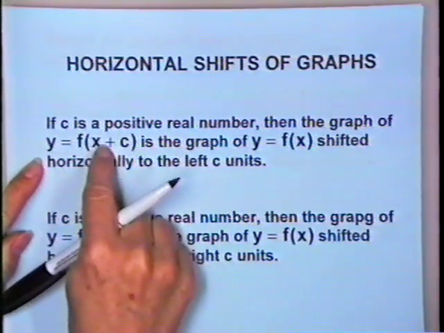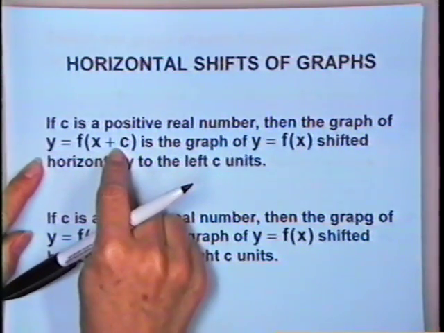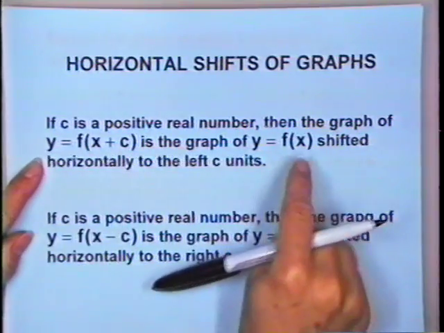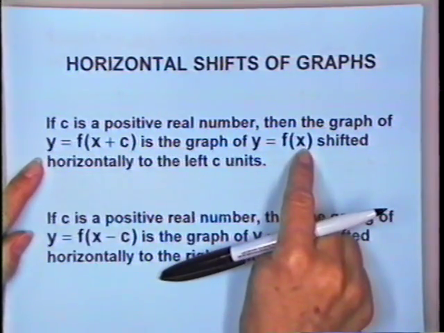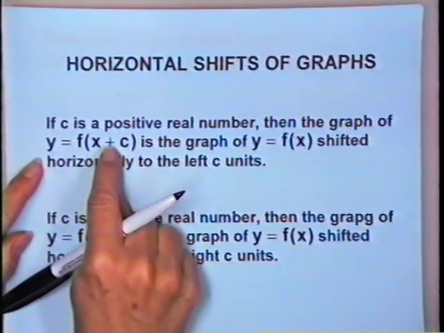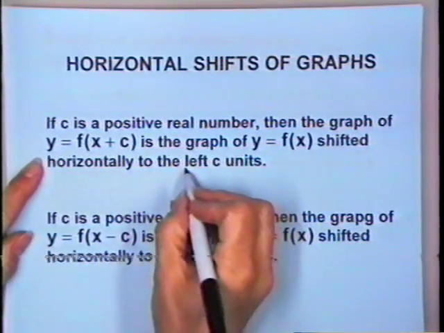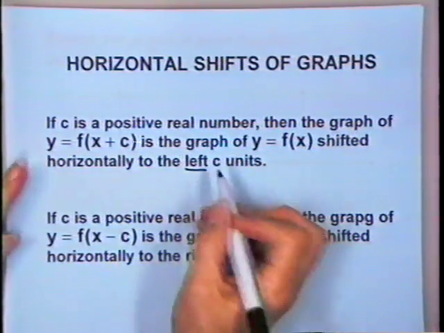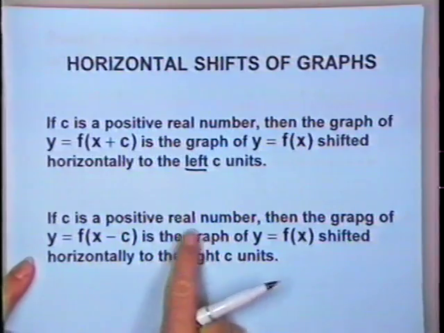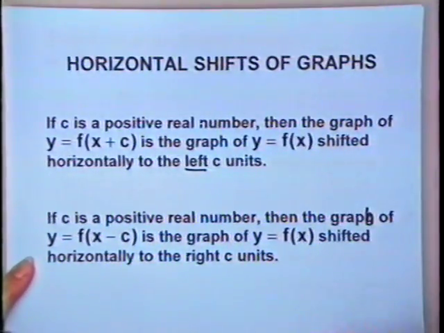In this parenthesis is x plus c. Our argument of our function is now x plus c instead of x like the original. So when the argument of our function is changed, if we have plus a number on the x, we're moving to the left.